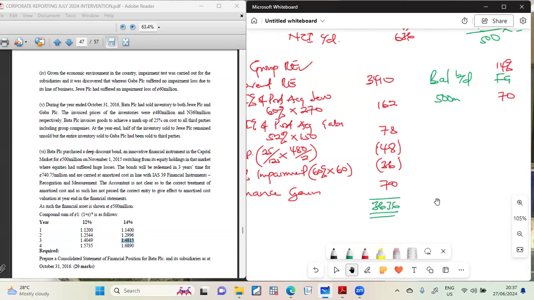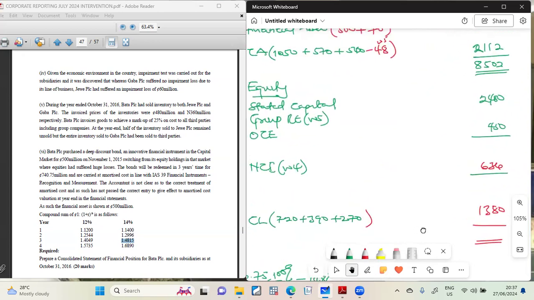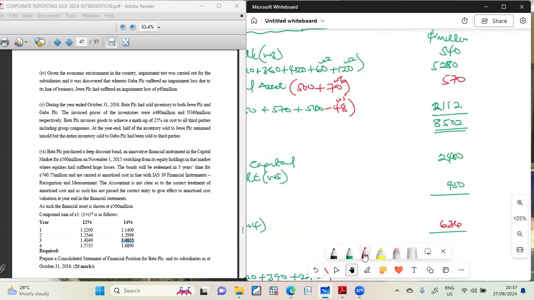So let's slot it in and check the balancing. There is a 6 here which will bring these two to balance. It has balanced.